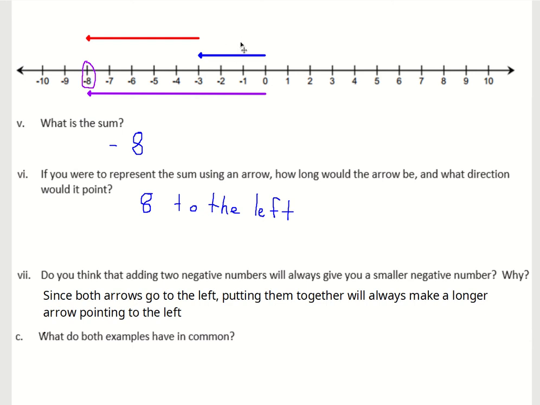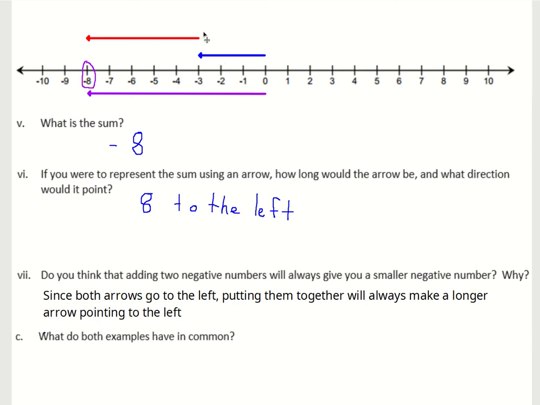I had -3 plus -5 gave me -8. So the absolute value of my first number, 3, plus the absolute value of my second number, 5, gave me the absolute value of my sum, 8. So 3 plus 5 gave me 8. But since my original numbers were both negative, my sum had to be negative.